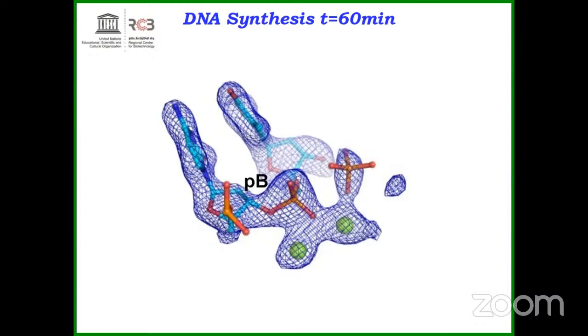What was surprising was that this pyrophosphate moiety has actually split into two inorganic phosphate molecules, and one of them has diffused out. So it looks like the hydrolysis of the pyrophosphate is part of the DNA synthesis reaction, and we were able to confirm this using other biochemical assays also.